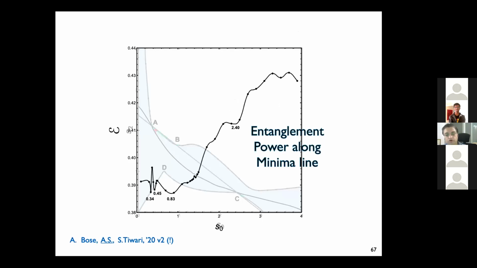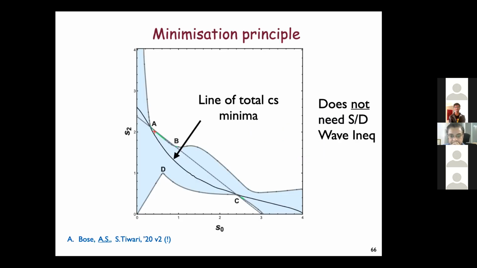And of course, I told you that you can plot the entanglement power. Sorry, just one. Yes. In the old days, people would tend to think that you want to maximize the cross-section for strong interactions, like it's really strong. I know that's opposite to chiral perturbation theory, but that's what people used to think.